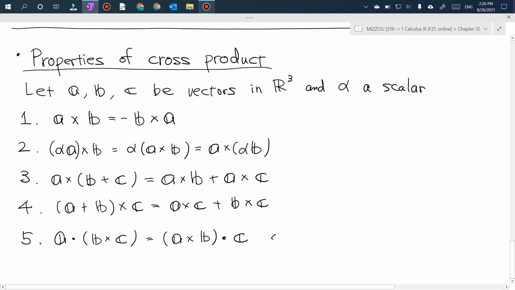This formula is called a triple product.